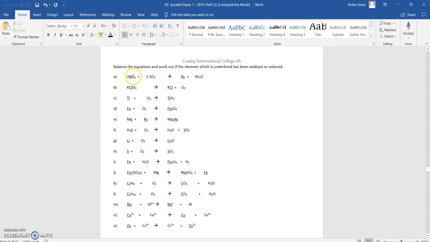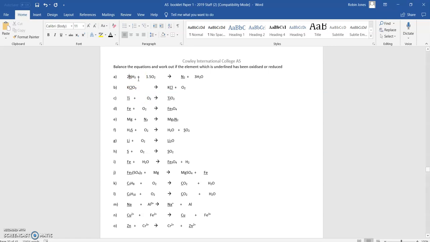Look, -3 there, and if you want me to do the maths, 2 lots of NH3 is now 6 H's, 6 plus 1s, plus 6. So the 2 N's in there are plus 6, they must be minus 3 each. So putting numbers in front doesn't change the oxidation number, also called the oxidation state.